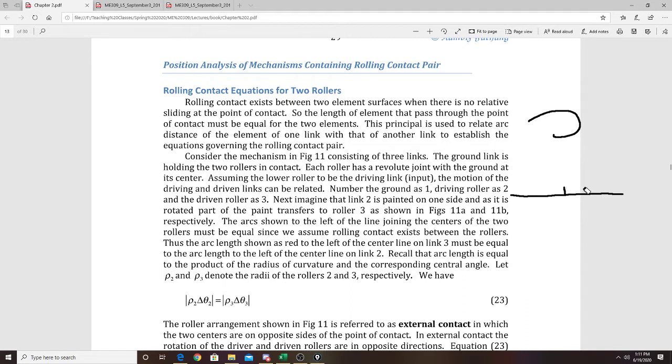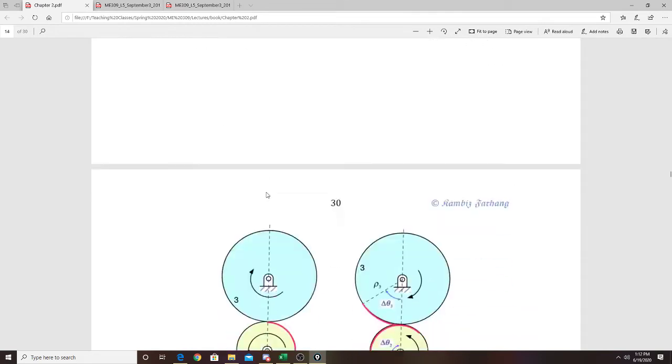Like I said, that was what that first passage sort of meant, but we're going to give you some good examples here in a second. So it says, consider the mechanism in figure 11 consisting of three links. The ground link is holding the two rollers in contact. So that is probably this one right here.